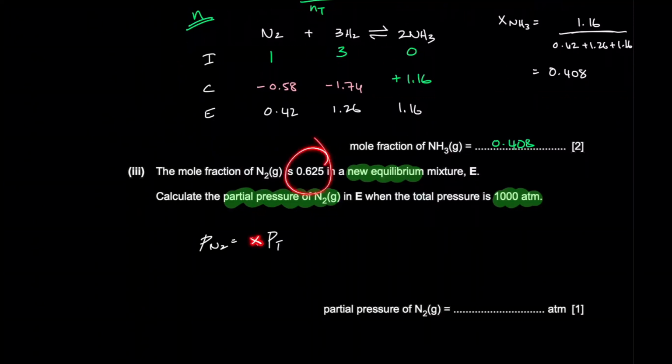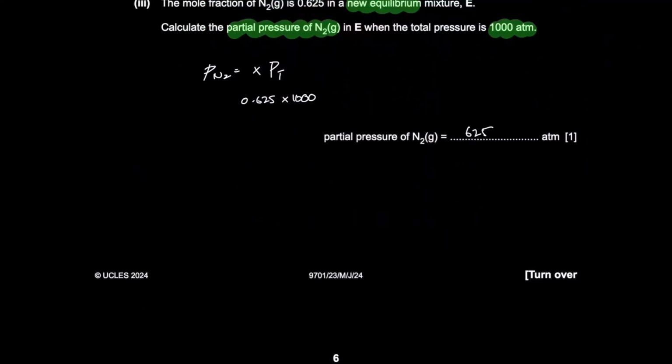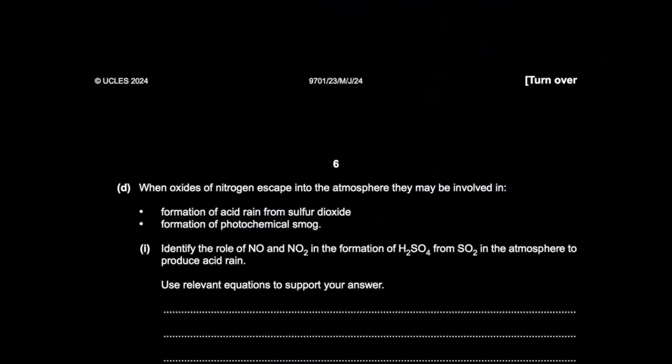So the mole fraction is 0.625 times the total pressure, which is 1,000. That gives you 625 atmospheres. I think this is a pretty easy paper so far. Pretty straightforward compared to the harder ones.